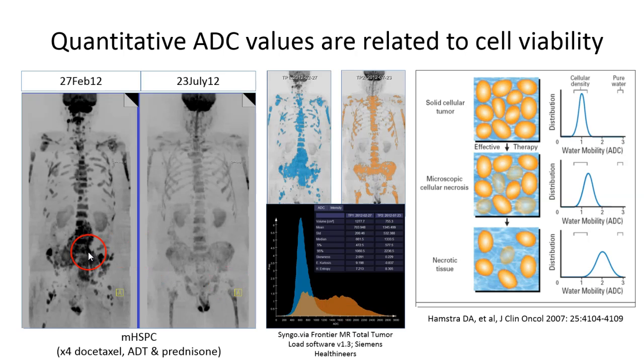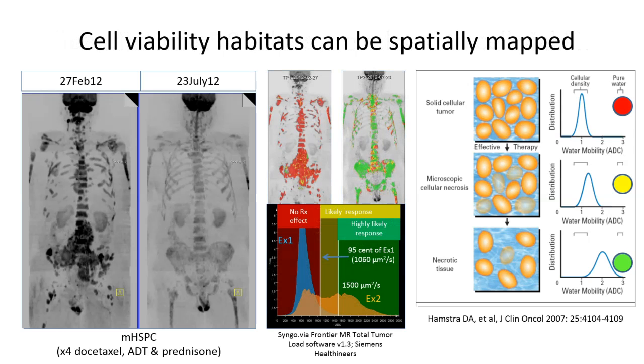So this is a man who was treated with docetaxel, ADT, and prednisolone with hormone-sensitive prostate cancer, and you can see how we have segmented out the disease before and after treatment, and you can see how there's a shift to the right. Now it's possible to spatially back map habitats that are observed on the ADC map. So tumor cells that are killed would be colored green. Tumor cells that are alive are colored red.